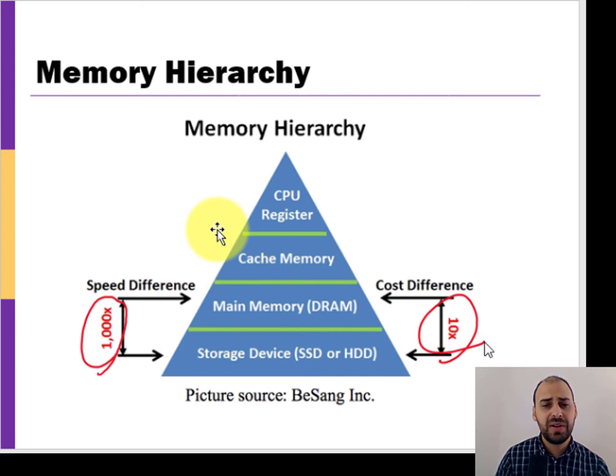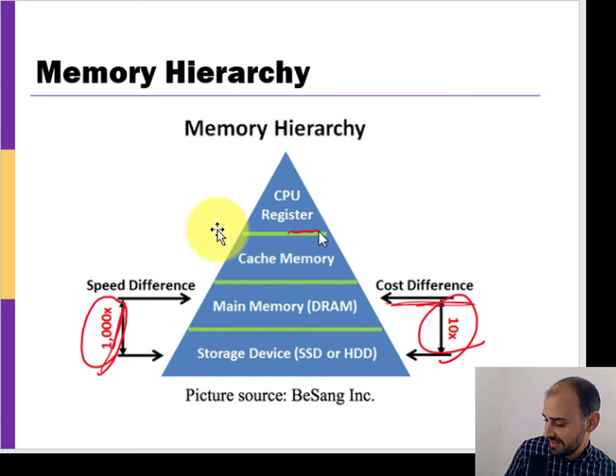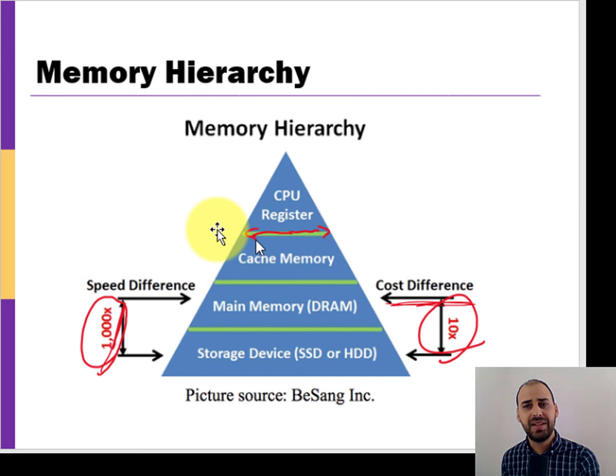There's a significant speed difference when we go from one level to another, as well as a significant cost difference. Faster memory costs more, and because of that, we use less. So we have a small amount of very expensive memory, and we have a large amount of inexpensive memory.